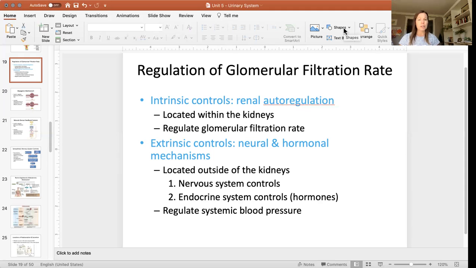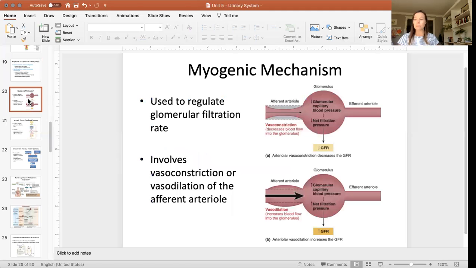And I am going to talk about the two mechanisms that are within the intrinsic controls. The first one is called the myogenic mechanism. And this results in either vasoconstriction or vasodilation of the afferent arteriole in response to blood pressure changes.